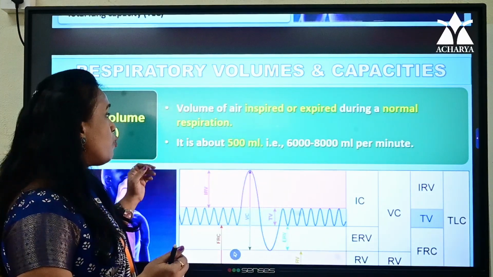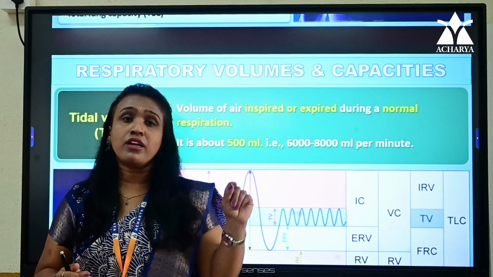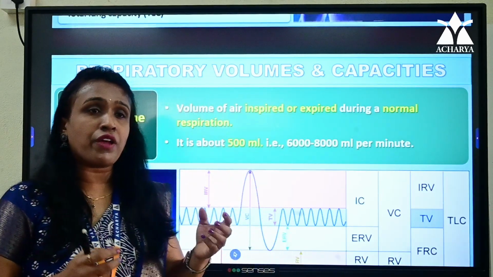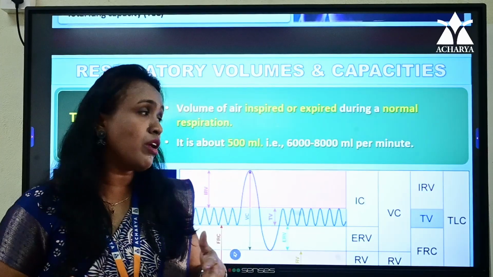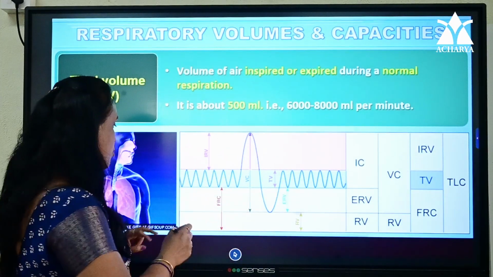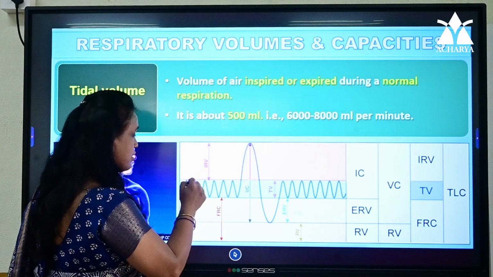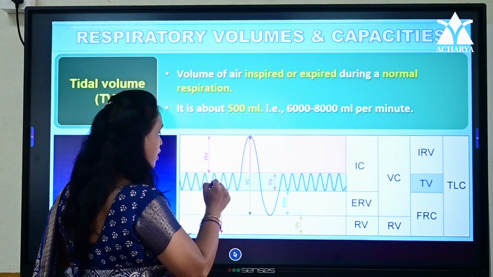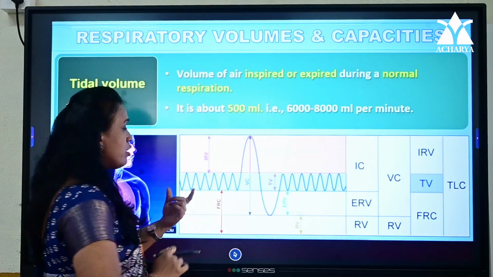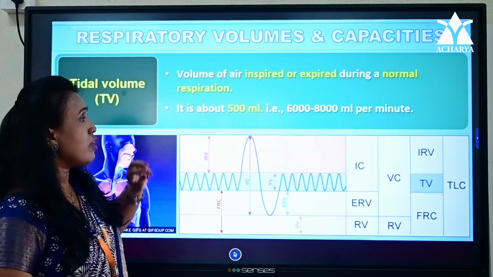The tidal volume per breath is 500 ml. 500 ml of air is going in and the same amount of air is coming out. Inhale, exhale, inhale, exhale. That is inspire, expire, inspire, expire. So this becomes our tidal volume, and the tidal volume amount is 500 ml.